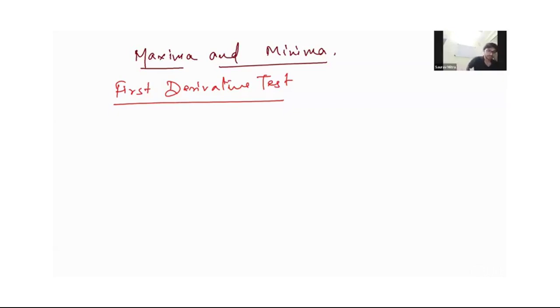Now for this we should have a function, and the function should be differentiable.